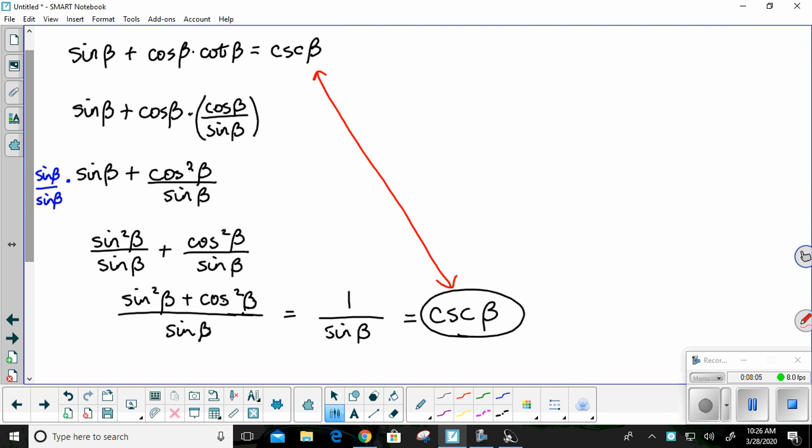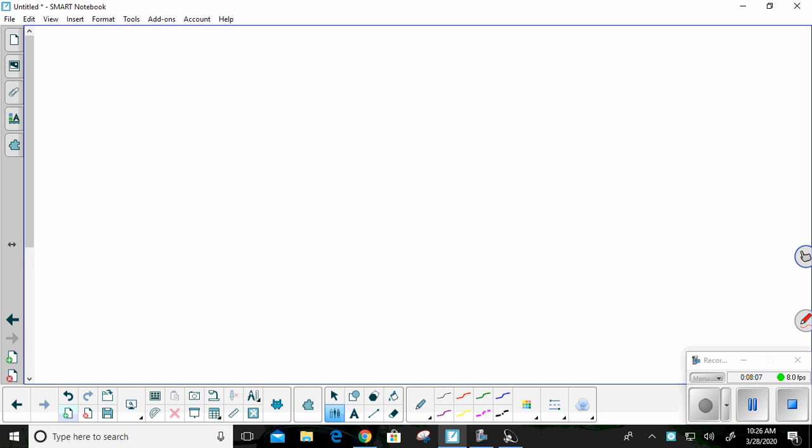This would be my number 17. I have 1 minus cosine beta in parentheses times 1 plus cosine beta equals 1 over cosecant squared beta.